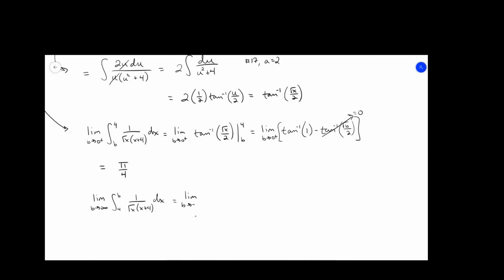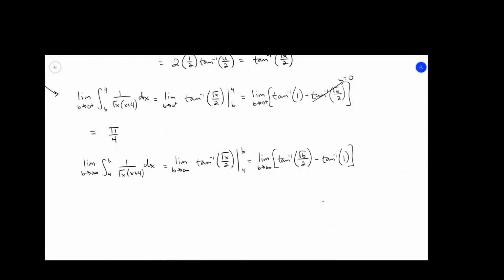So this is the limit as b goes to infinity now of the inverse tangent of square root x over 2. Oops, the 4 goes down there, right? 4 here, b here. Now we'll plug in the b, we get inverse tan of root b over 2, minus inverse tan, this is the same thing, right? We're going to get 1 there.